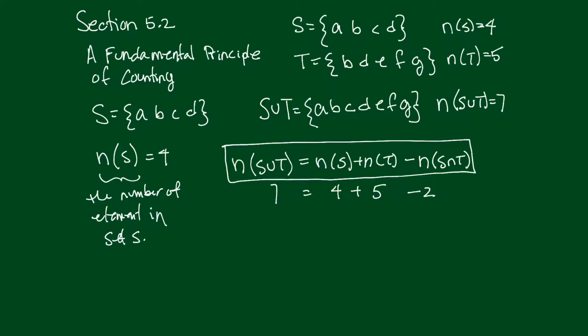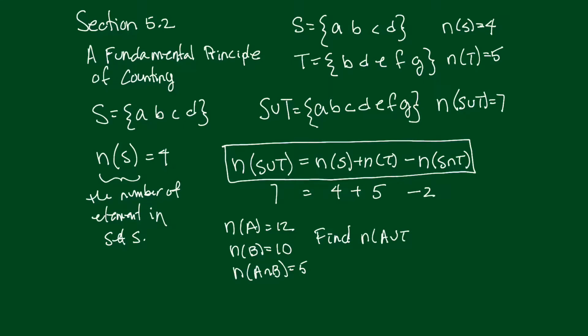So a quick direct example is this. What if I know that the number in A is equal to 12, the number in set B is equal to 10, and when I intersect them, A intersect B, I get 5. Now from this, can you find the number of elements in A union B? Sure, we have a formula for this. Here's how it goes.